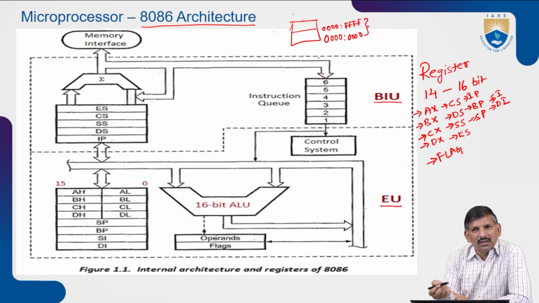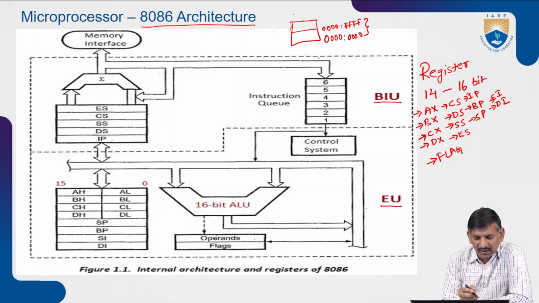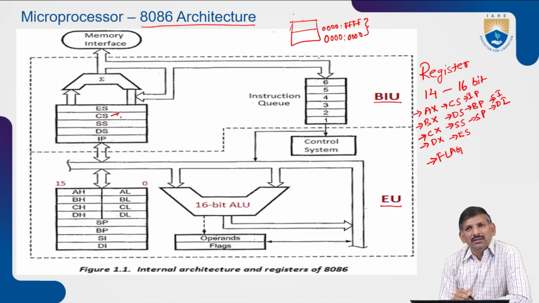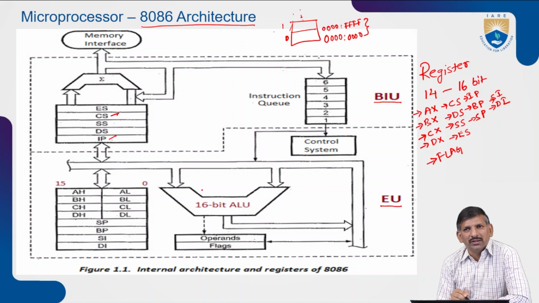Or you can take any one of the segments. First I want to find out the segment address of the instruction that is available in the code segment register. In the particular segment, 0th segment, first segment, and so on, in a particular memory location, the instruction is available. That offset address of the instruction is available in the instruction pointer.